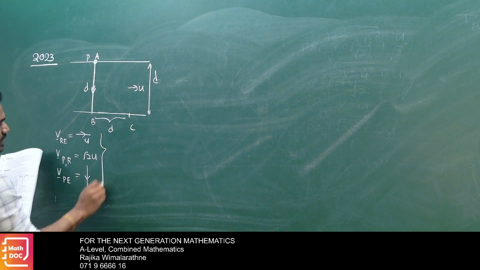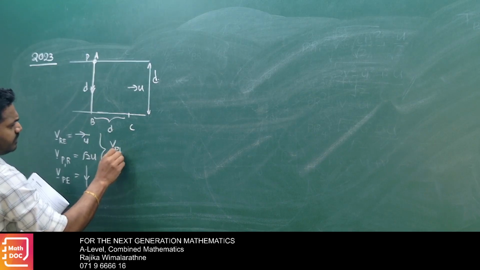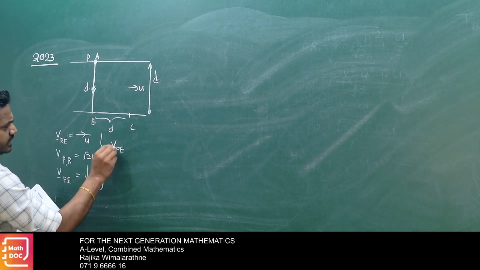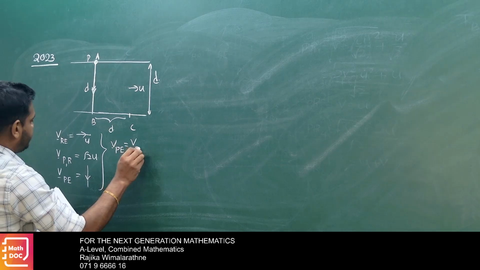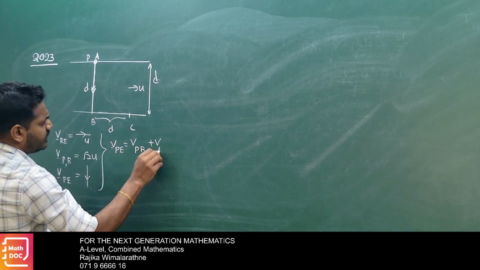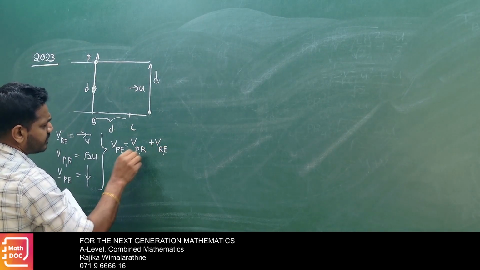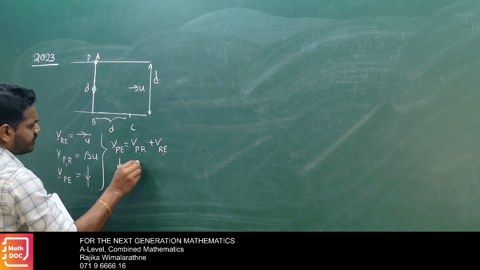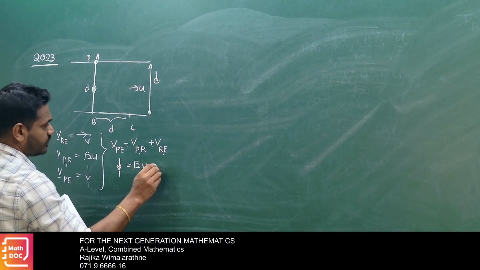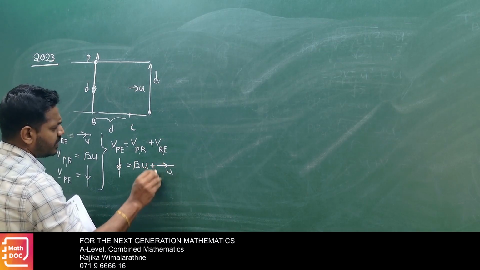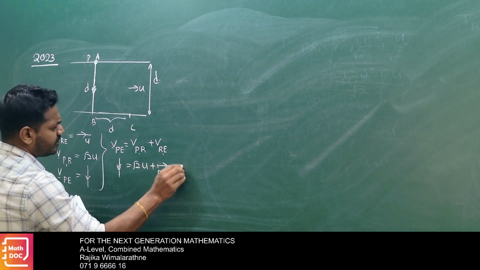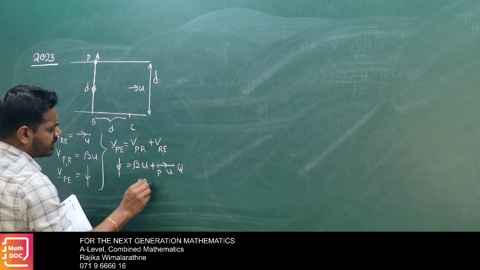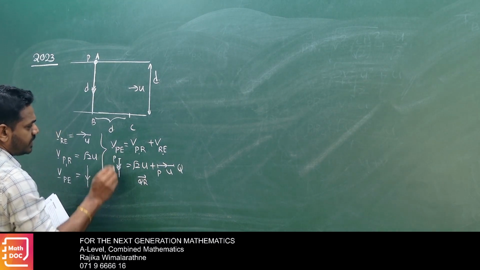Then you write the relative velocity theorem: VPE, the direction-known quantity, equals VPR plus VRE. Root 2u and u. Here PQ vector, QR vector, resultant PR.